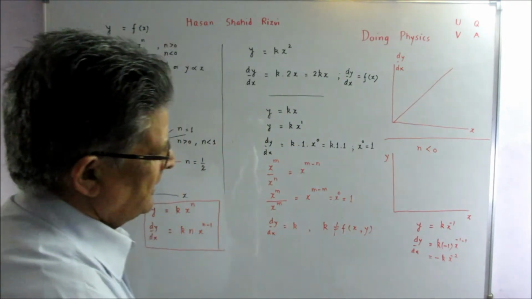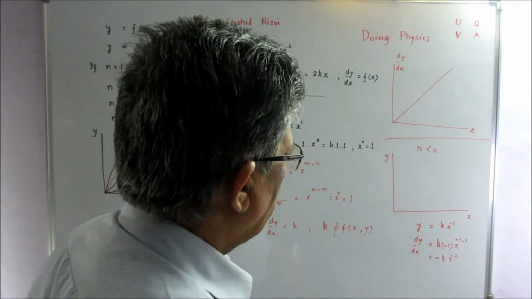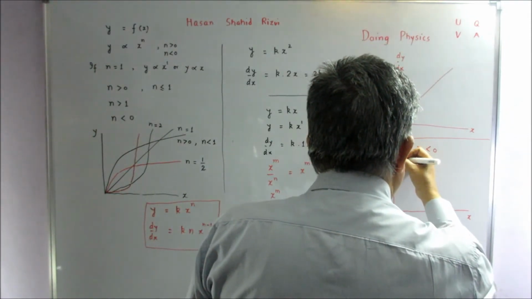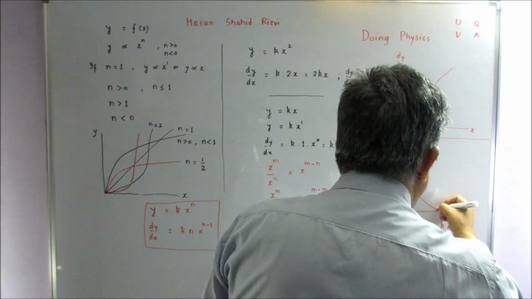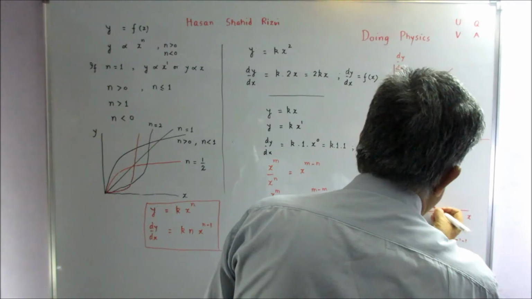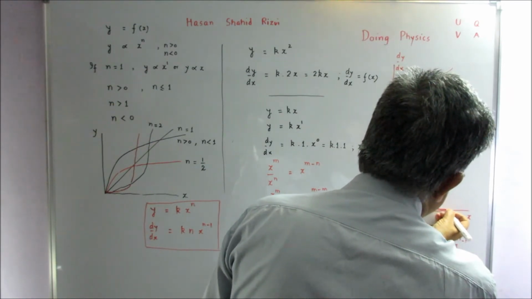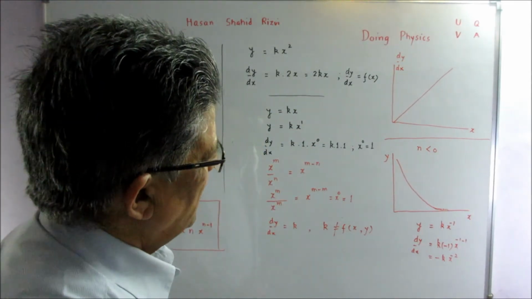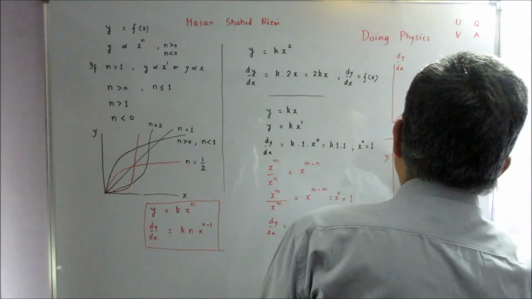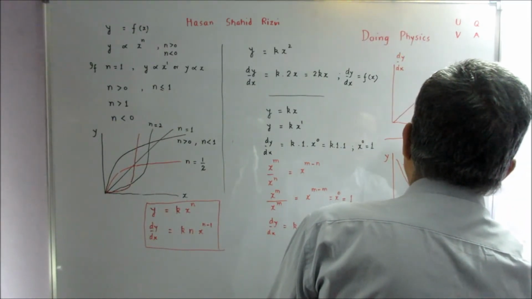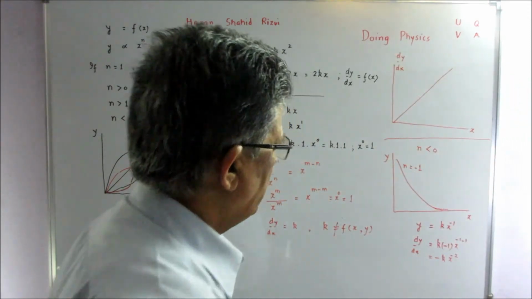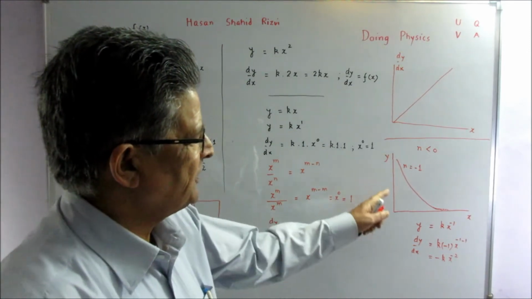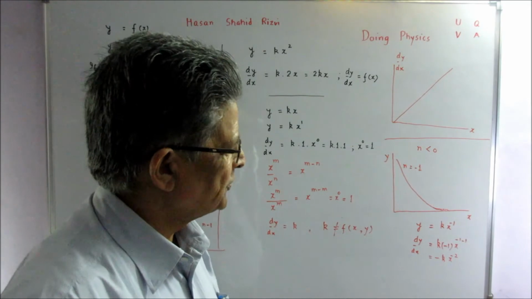And dy/dx becomes negative, and so in this case the graph goes like this. The graph asymptotically reaches 0 as the value of x is increased. So this is for n equal to minus 1, etc., till the value increases and becomes equal to 0.